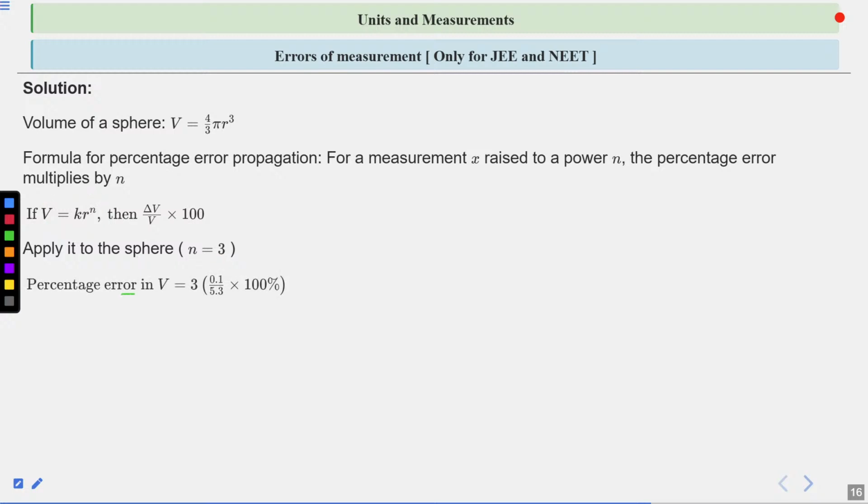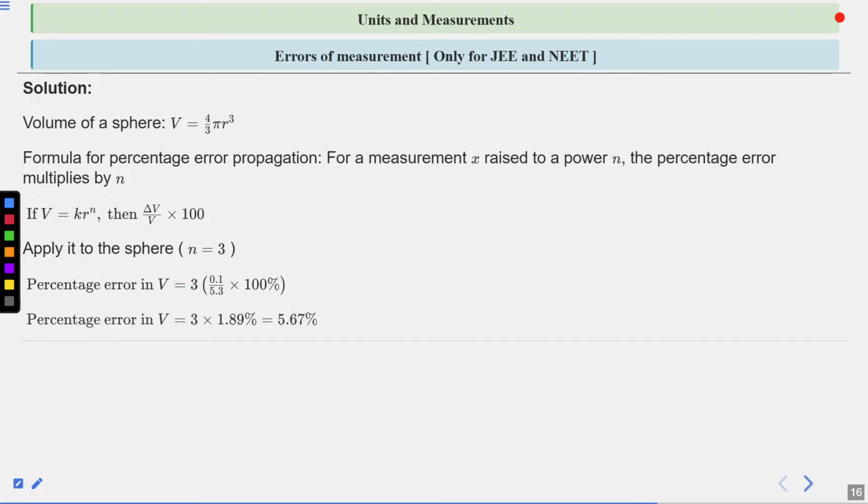So the percentage error is equal to 3, the power comes outside, into the relative error delta r divided by r. Delta r is 0.1 and r is 5.3. This is only the relative error, but we want the percentage error, so multiply it with 100%. So you will get the percentage error in V.